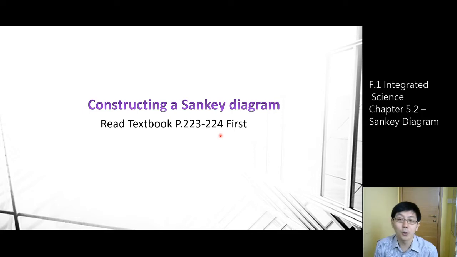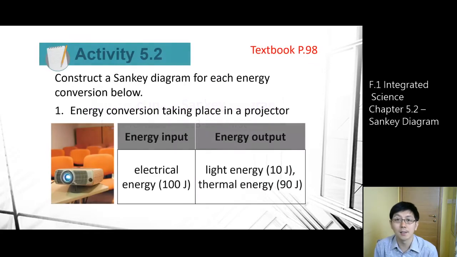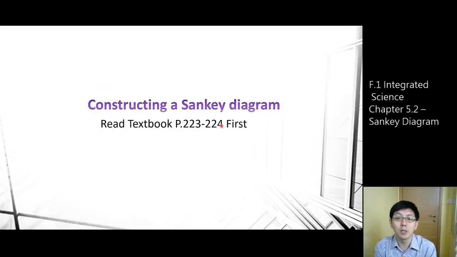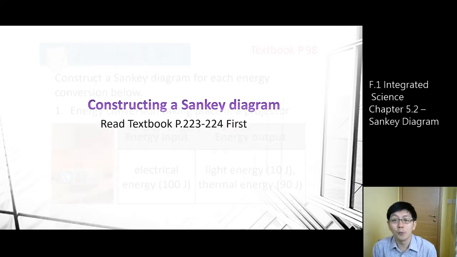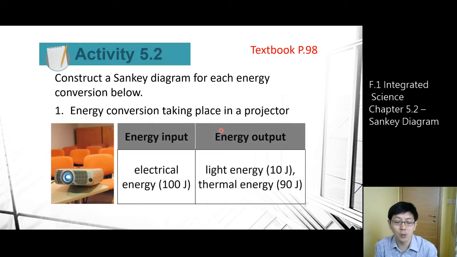So you may refer to textbook page 98. I will use the following two examples to illustrate how to draw the Sankey diagram. But I want you to pause the video and read this part first before I tell you how to draw the Sankey diagram. Alright, so if you're ready, we'll move on and I will illustrate how to draw these two Sankey diagrams.